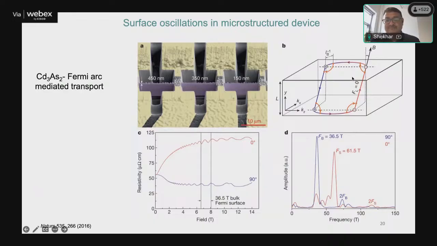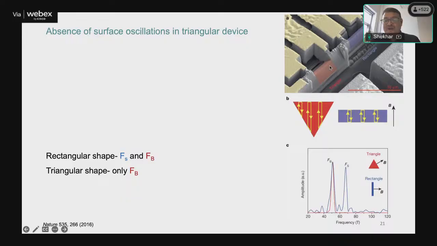Once we have the oscillation in the Weyl sample, at zero field the field is along the device and we are perpendicular. After analyzing, we can see both frequencies are present in the material. This device is a rectangular device, but when we remove one facet, it is not rectangular; this one is the regular device, but here it is a triangular device.